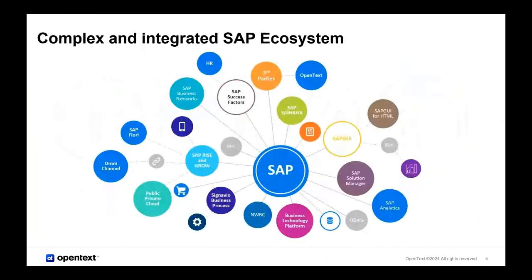Now, back to one of the points I mentioned about the ecosystem. SAP doesn't exist in its own ecosystem. SAP is just one part of the far wider technologies that you will have end to end in your organization.